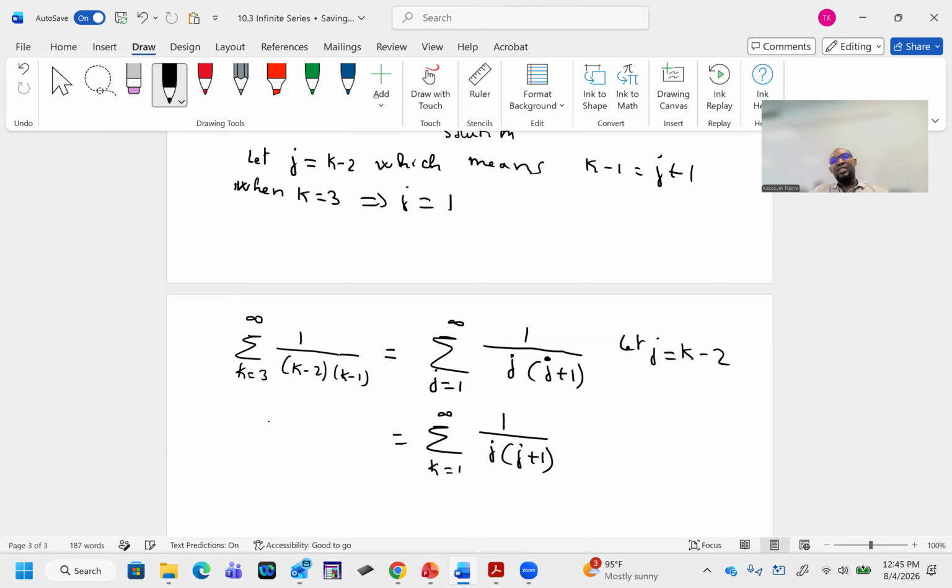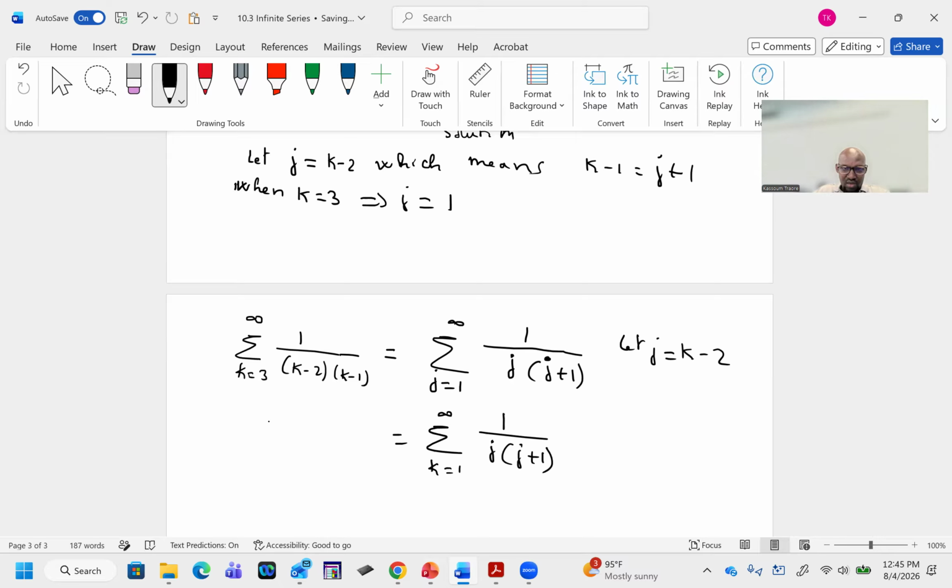You can see the first term of both series is the same thing. Look, if k is 3, you will have 3 minus 2 here, which is 1, and 3 minus 1 here, which is 2. 1 times 2 is 1/2, right? Look, right?